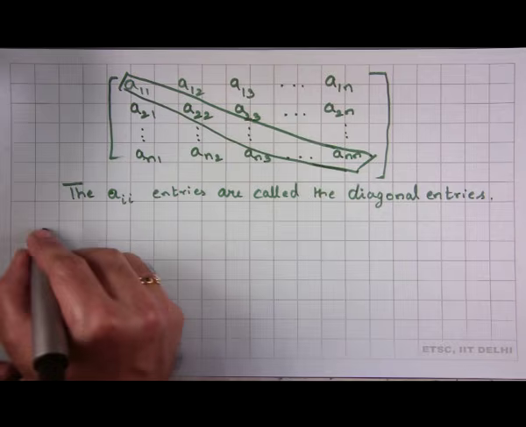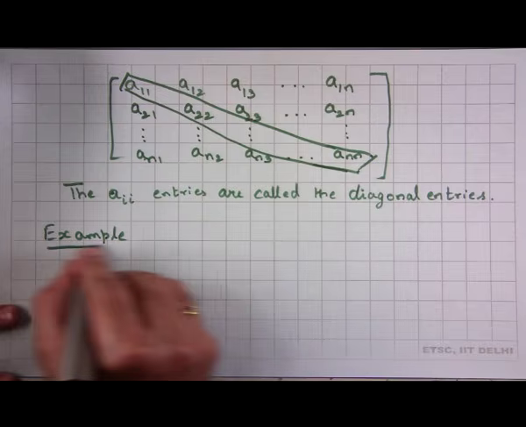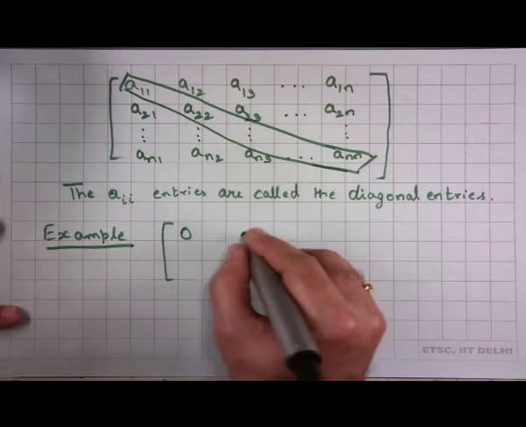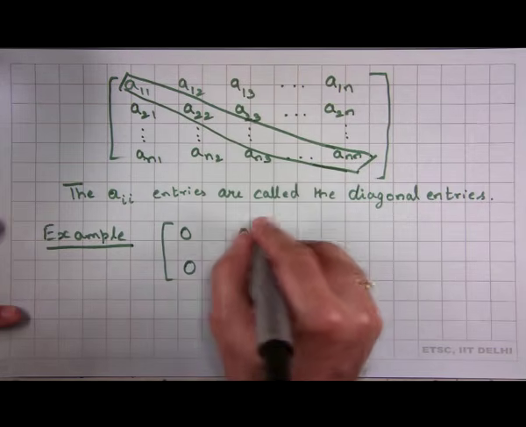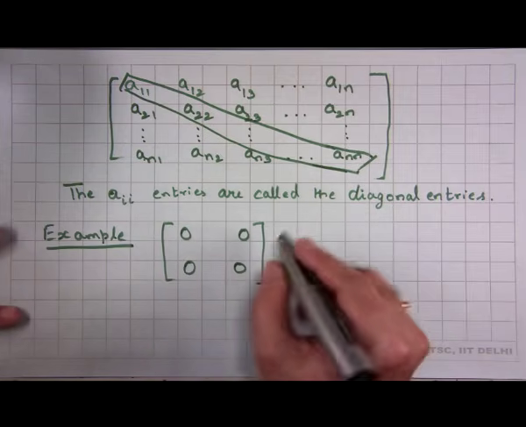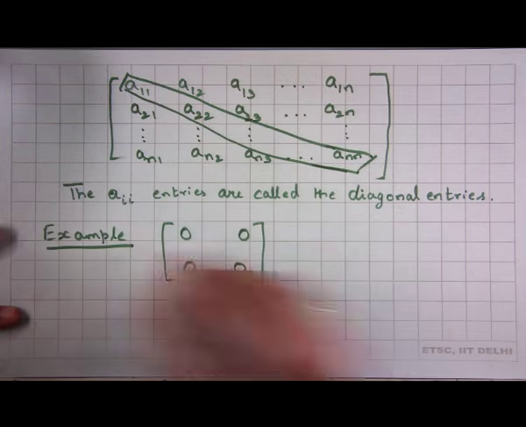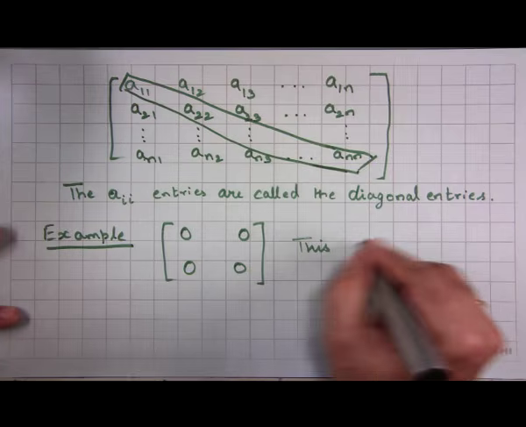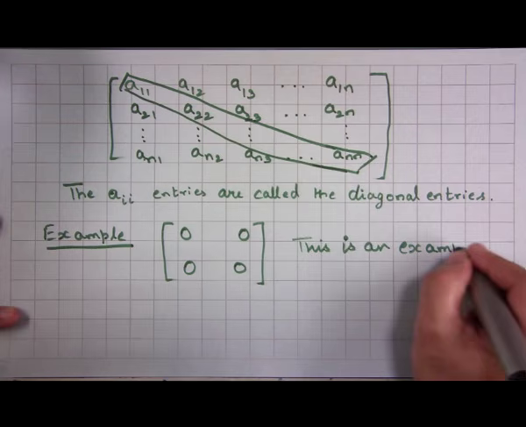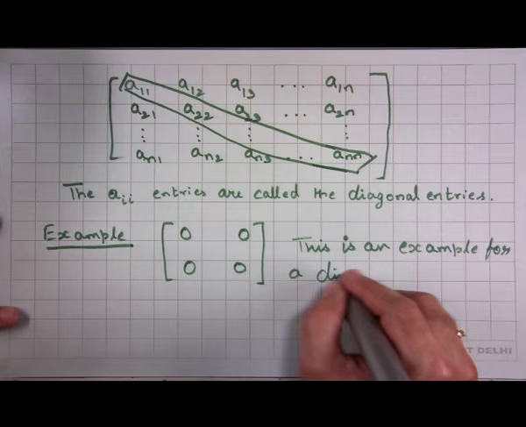Let us look at an example. The diagonal entries are 0 and 0, of course, the other entries are also 0. So, this is an example for a diagonal matrix.